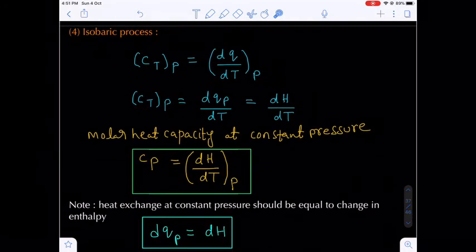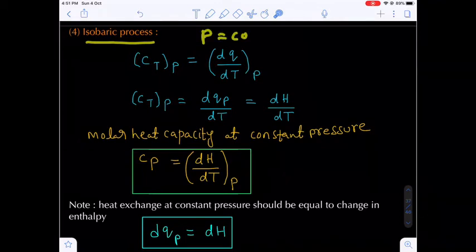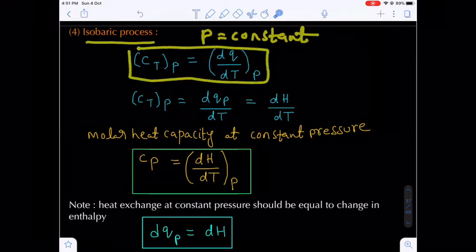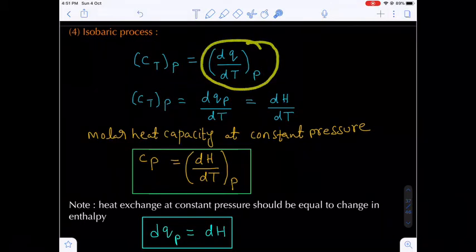Okay. And next the isobaric process. In an isobaric process, we know the pressure throughout the process is constant. Now here heat capacity at constant pressure will be equal to dq by dT at constant pressure.